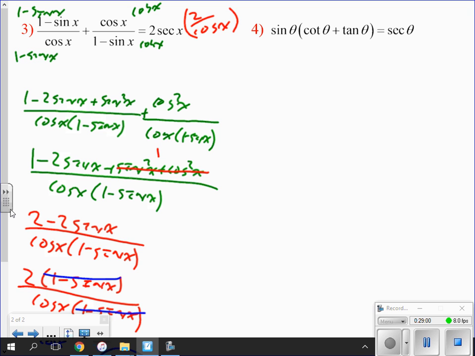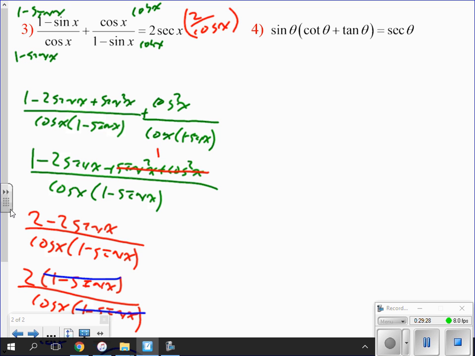Suggestions. I'm asking for suggestions. Start on the left and change one side.